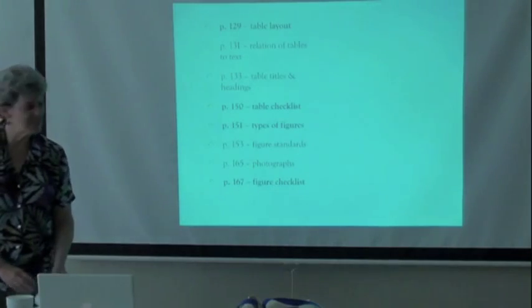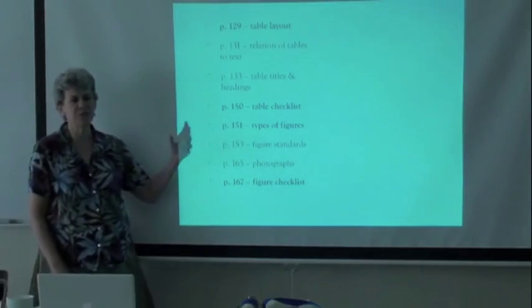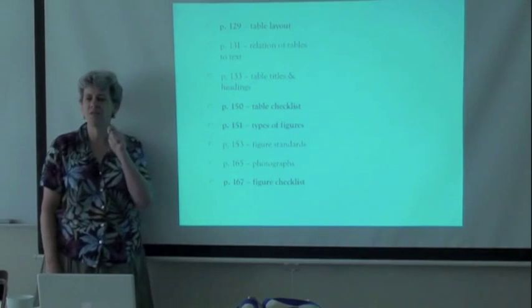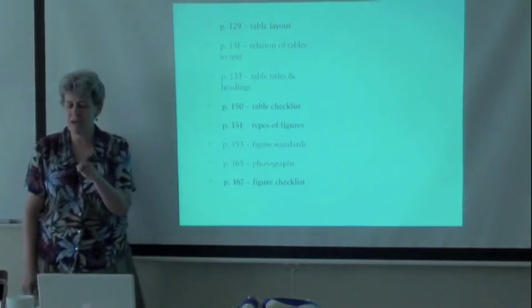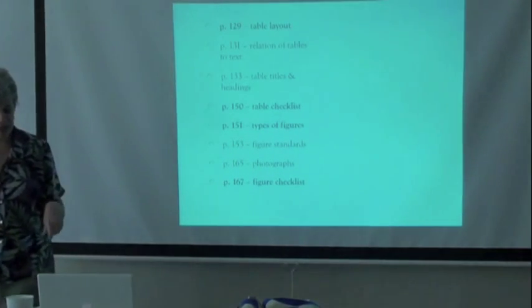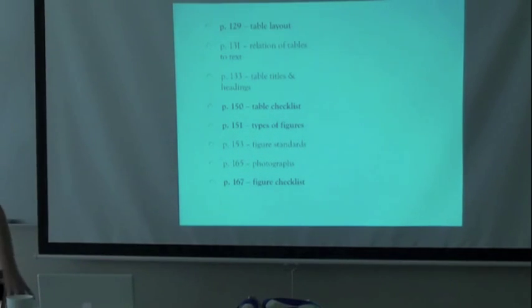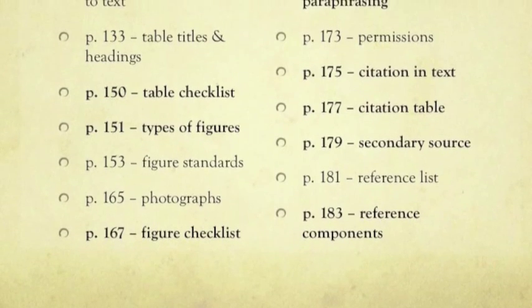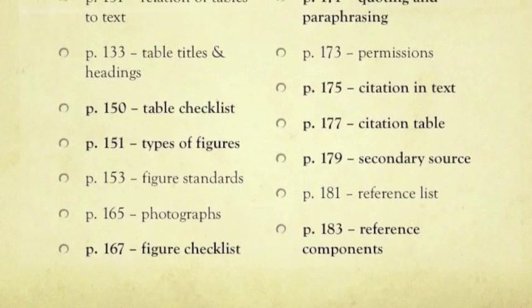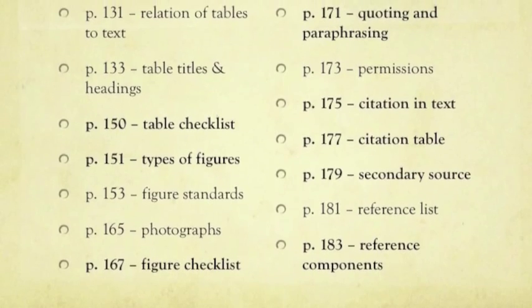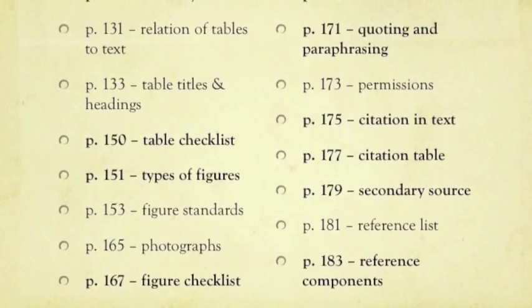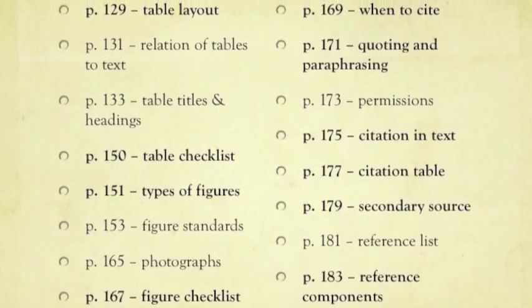Again, these are not quite as critical for you to tab every single one of these things, but if there's a piece that you want to make sure to tab, 129 is a table layout, and that's a nice picture there that shows you how to lay out the table, how to label it, how to title it, how to refer to it, etc.